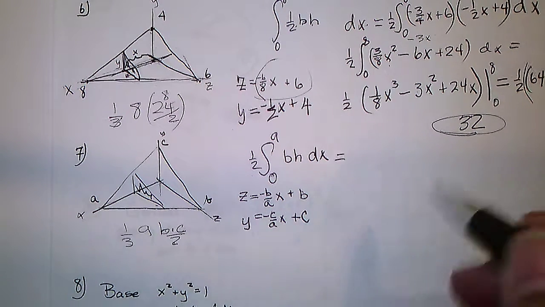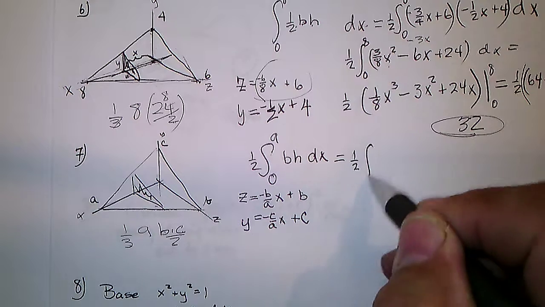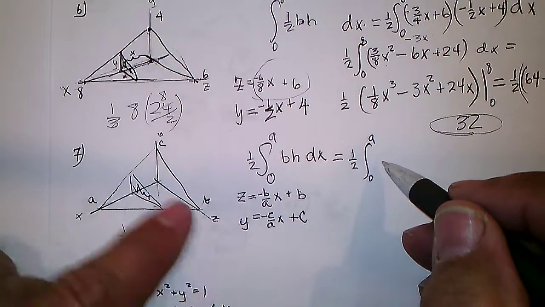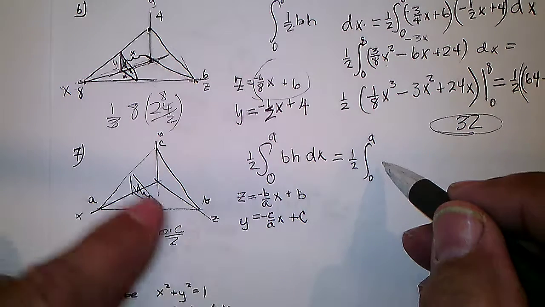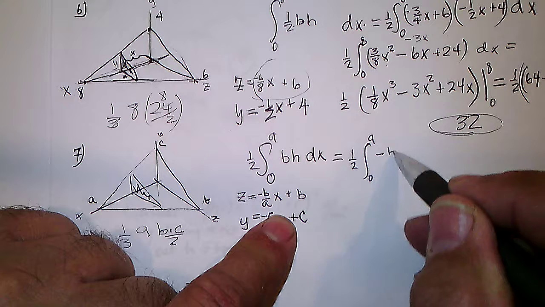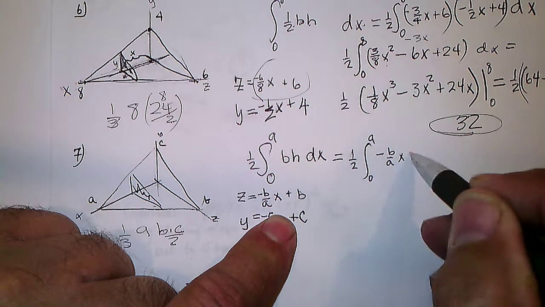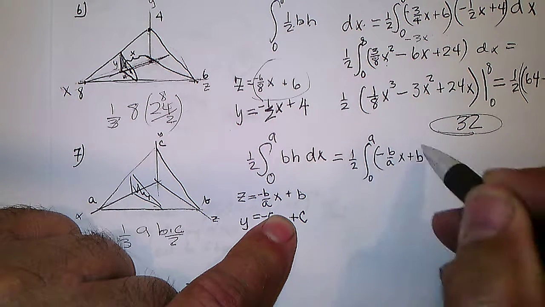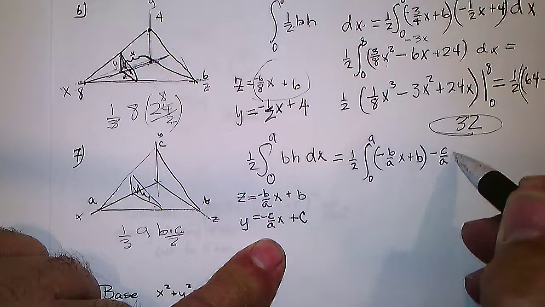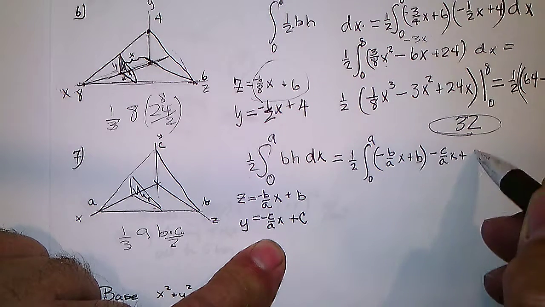So we get 1/2 integral from 0 to a of the base, the z, minus b over a x plus b, times the height, minus c over a x plus c.